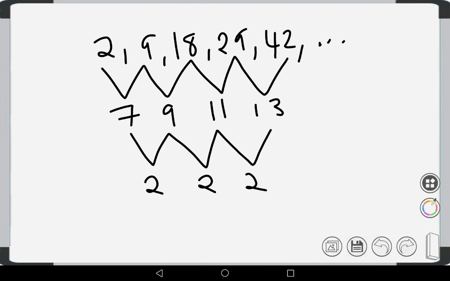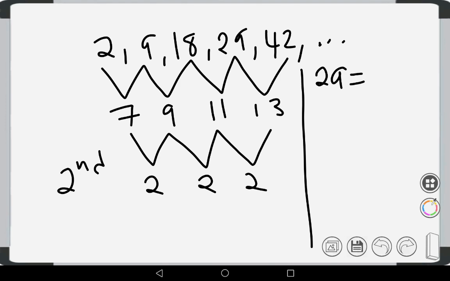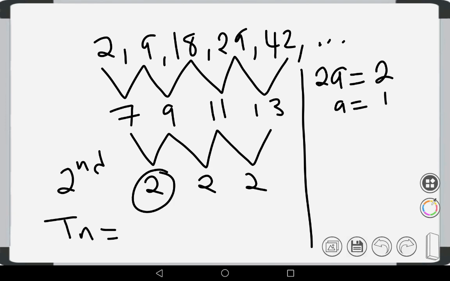Now I'm going to show you the first, simple method you can use to derive the general formula for a quadratic. Because the second difference is 2, you say 2a equals 2, then you divide by 2, and you get a equals 1. Then your formula is Tn equals n squared, since a is 1, plus bn plus c.